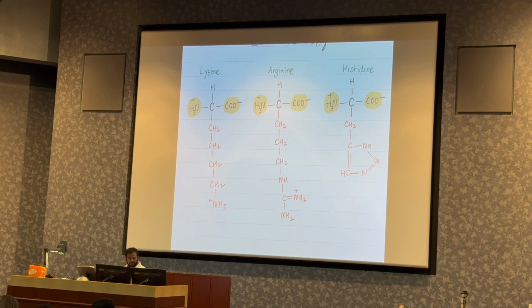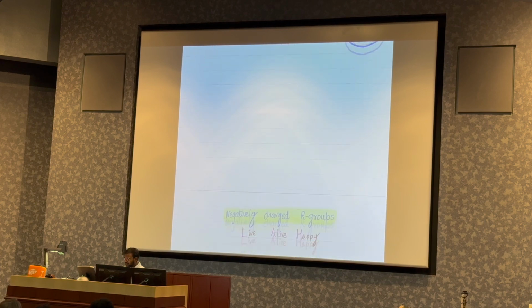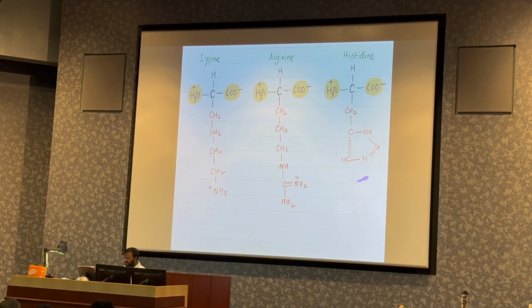Simple. So you just have to remember this one, and this is very common. This structure is very similar to tryptophan. See that? But there is a difference, of course, because this has a benzene ring. This doesn't have a benzene ring. That's why they are not aromatic. And tryptophan has a double bond over here and here with a benzene ring.